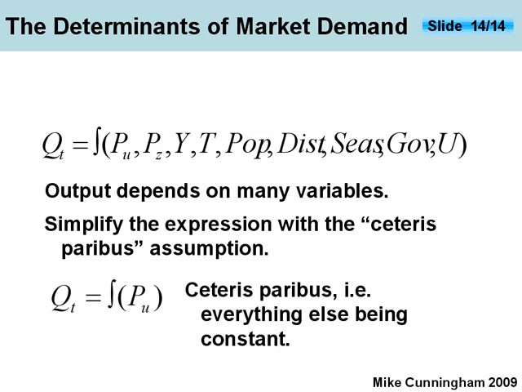So what we'd say is, let's say the price per unit determines the quantity demanded per unit of time, ceteris paribus, i.e. everything else being constant. So that introduces us to the type of determinants for market demand, and later on in this series each one of these will be dealt with in a separate small video.